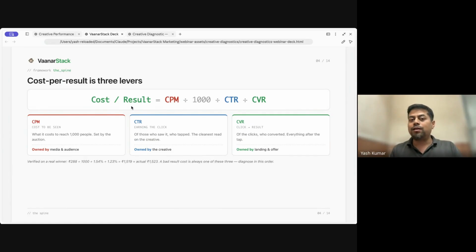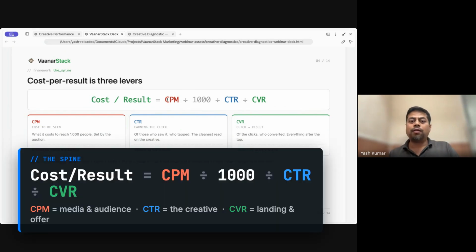If we look at the numbers, what ultimately matters in any funnel is the cost per result, be it an acquisition goal or otherwise. If we have to put a mathematical formula to it, it is cost per impression divided by 1,000, the click-through rate, and the conversion rate.